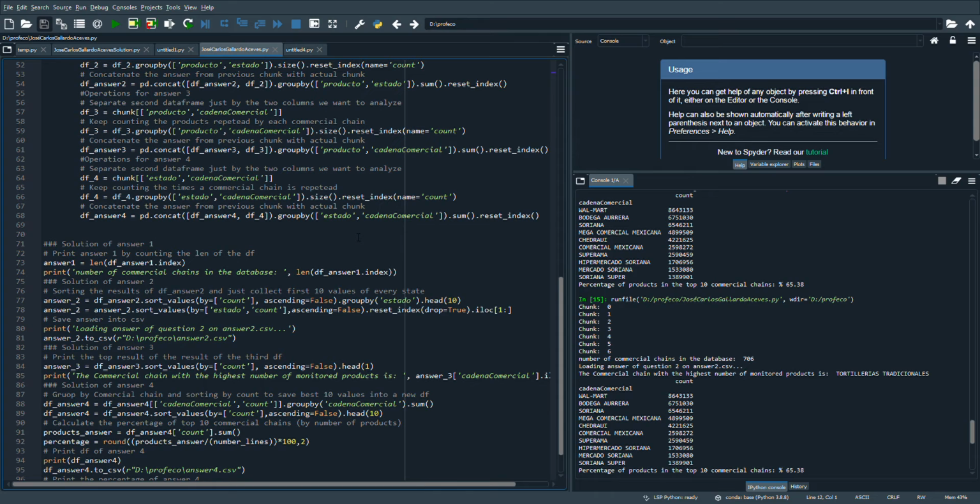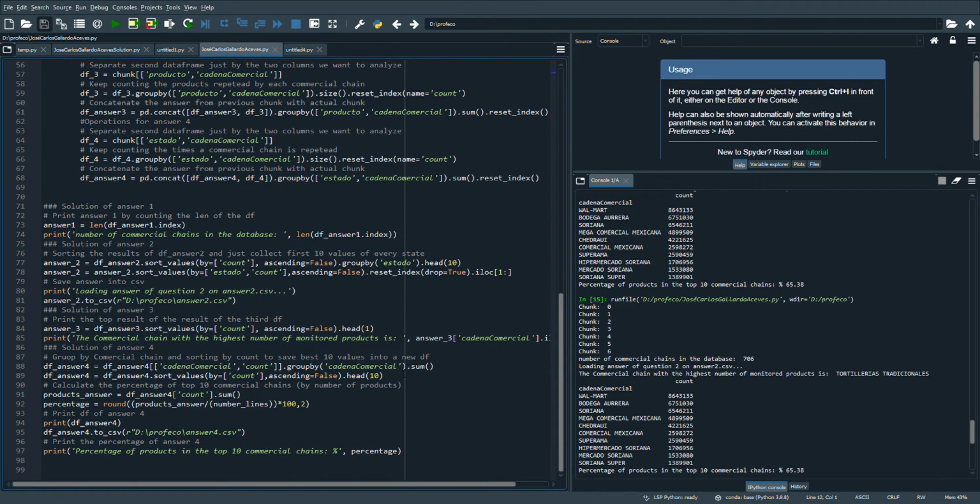I have the commercial chains that have more repetitions, meaning more products, and then create a top 10 of those commercial chains in the database. Then I sum the values of those counts and divide it by the number of lines, and of course multiply it by 100 to calculate the percentage.